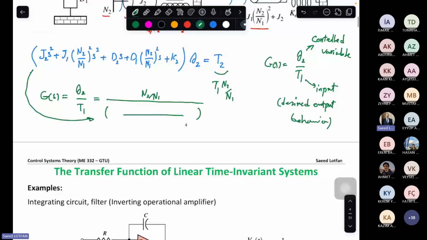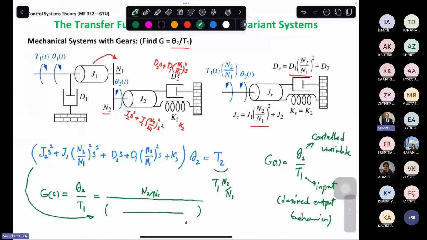Sir, in the blue equation, how did the T2 get acquired? So T2 is like, here we have this T2 guy. Let me show it here.